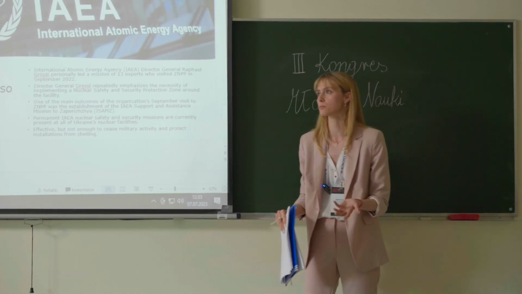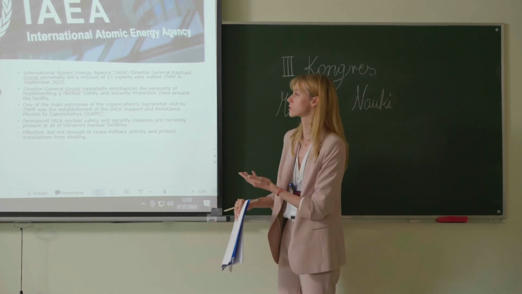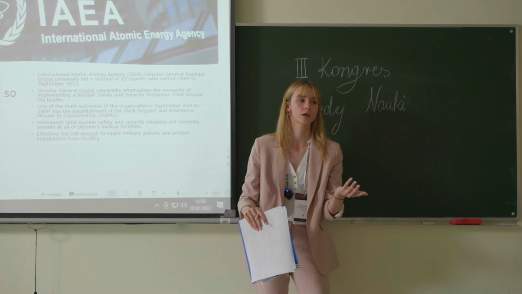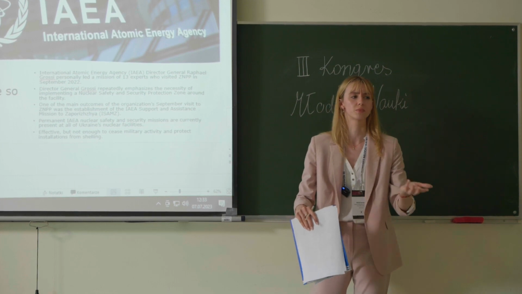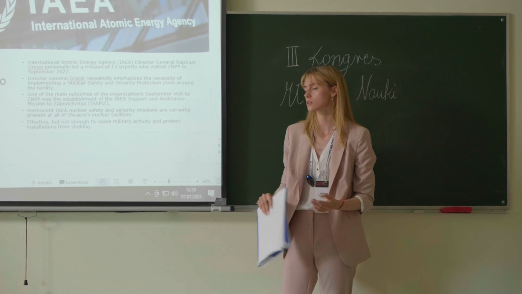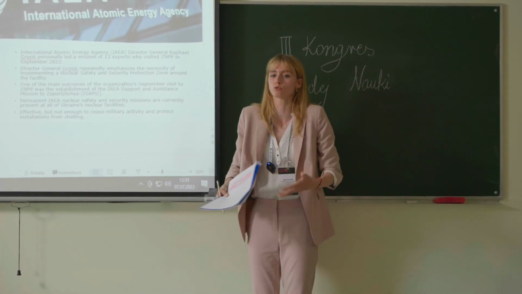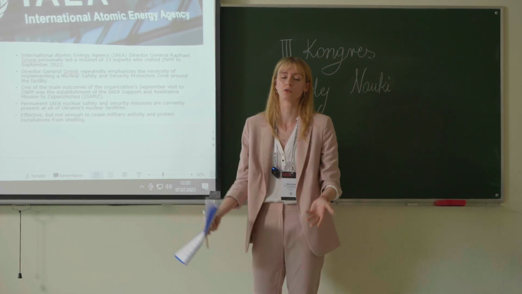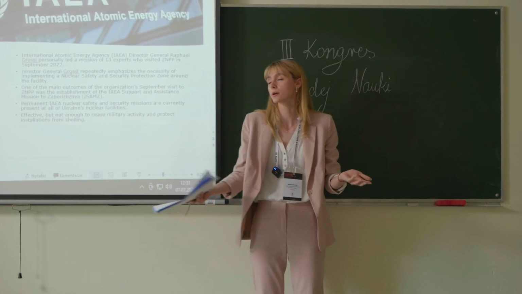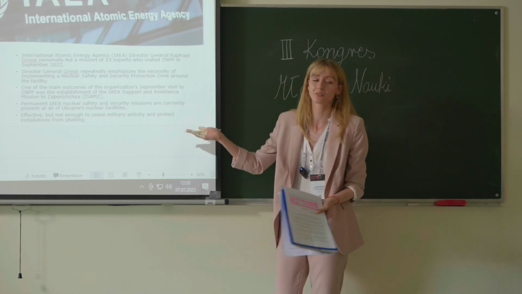Some people think that if the International Atomic Energy Agency director comes to Ukraine, why cannot he just say, hey, go away? He cannot, because this organization has only a technical mandate and is unable to make countries cease military activity, and that is the only way you can actually end it. But this is pretty much the one thing that we've done.